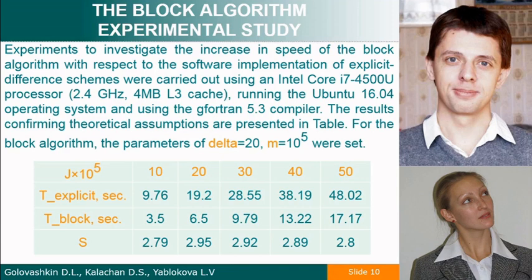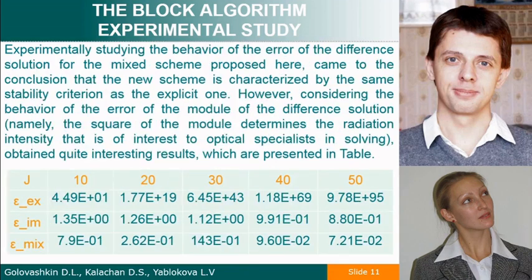No new computational threads were used to obtain the acceleration. The reduction in computational time, according to the block algorithms, is associated with a decrease in the intensity of communication between the RAM and the processor cache.